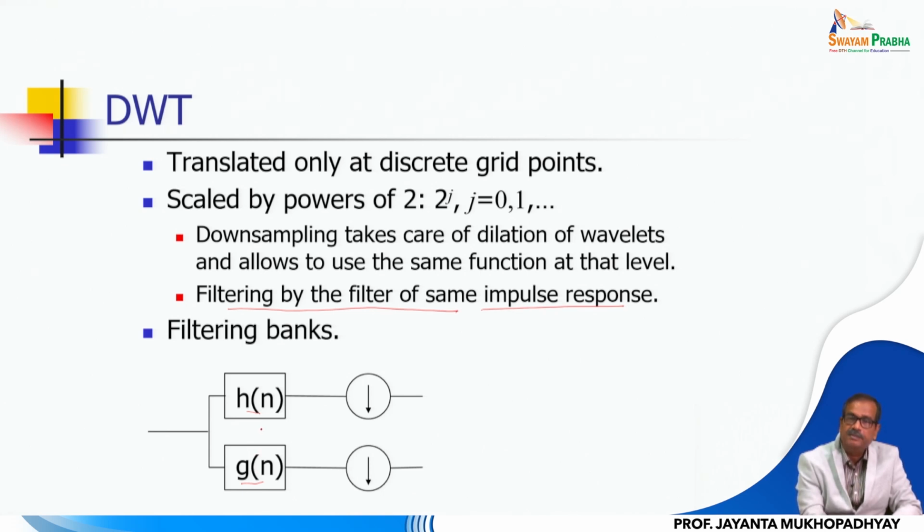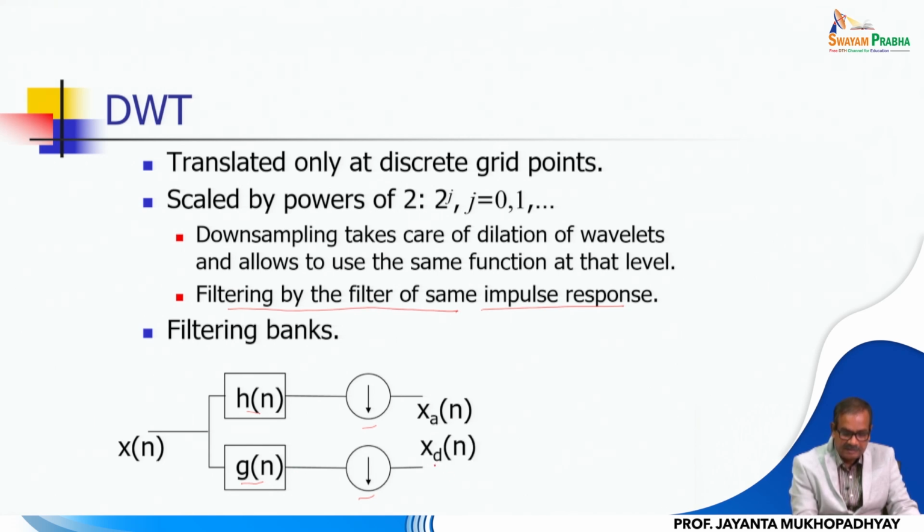Since their bandwidth now becomes narrower, say half of the bandwidth, you are basically downsampling them in the representation. So given xn, finally this is the approximation, this is the details.